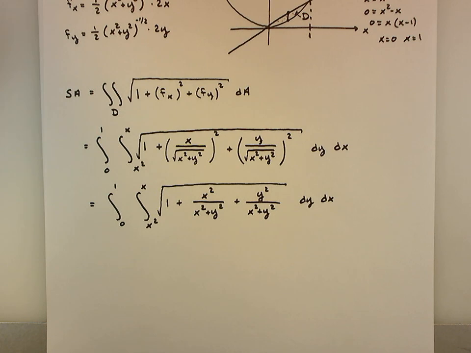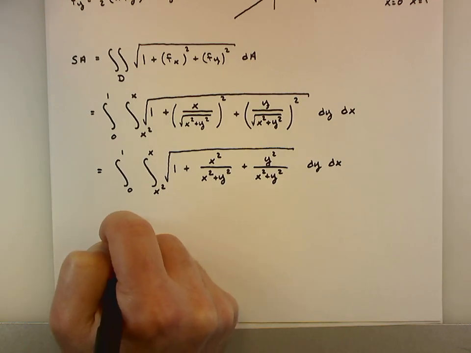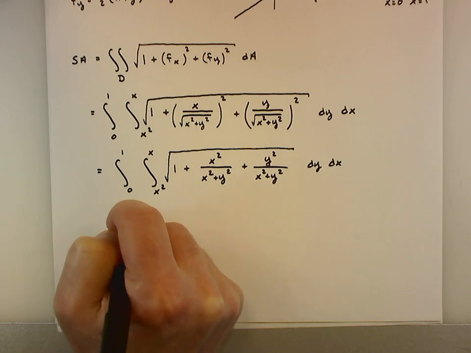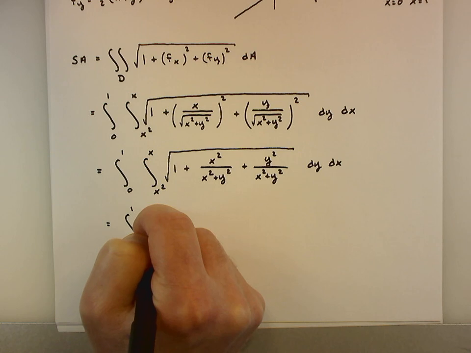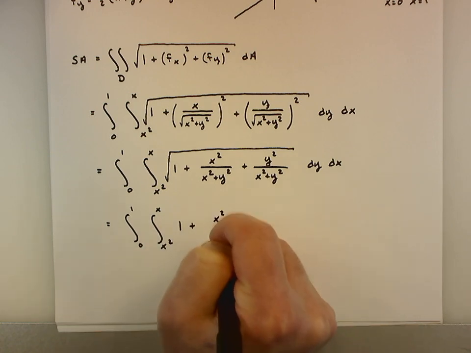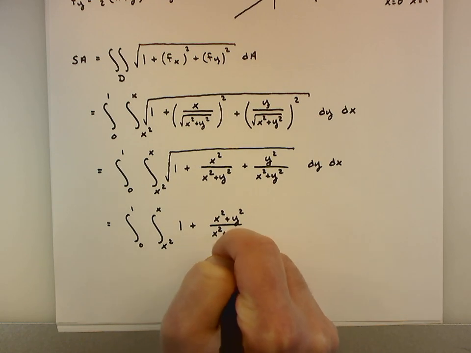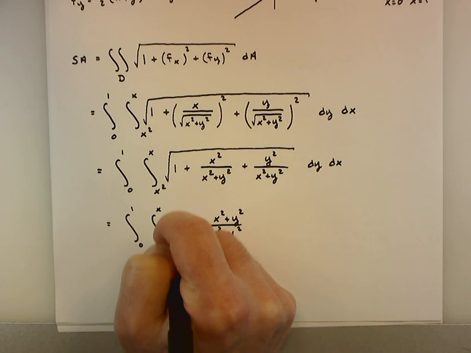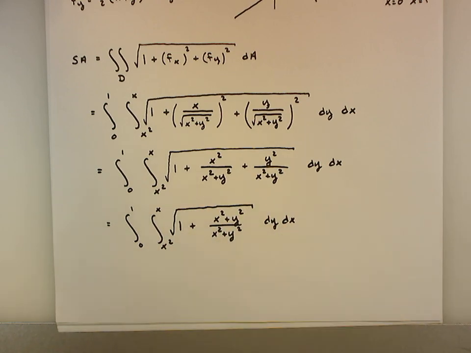Both of these have the same denominators, so I can combine those into a single fraction: 1 plus x squared plus y squared over x squared plus y squared inside a square root, dy dx. This value is equal to 1.